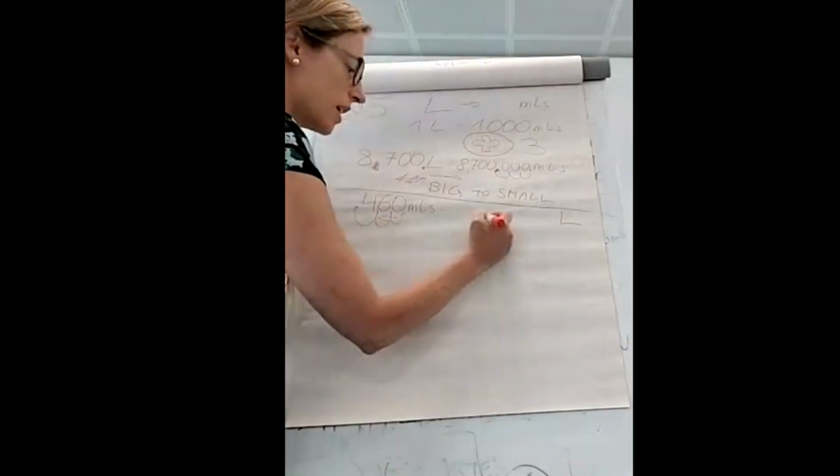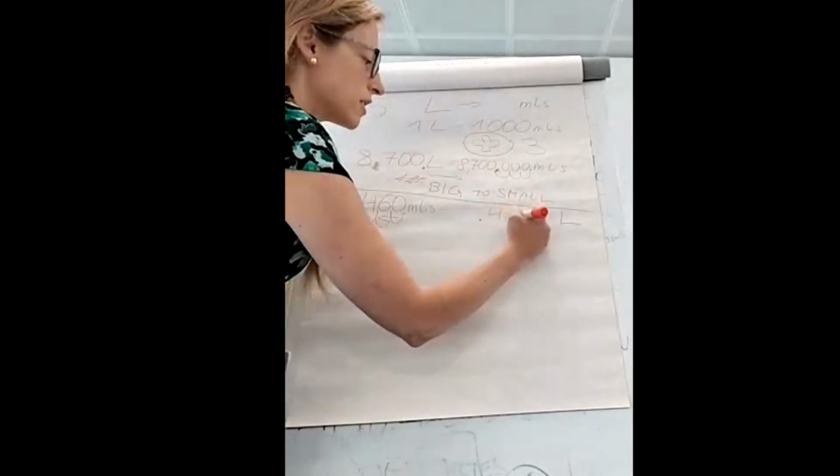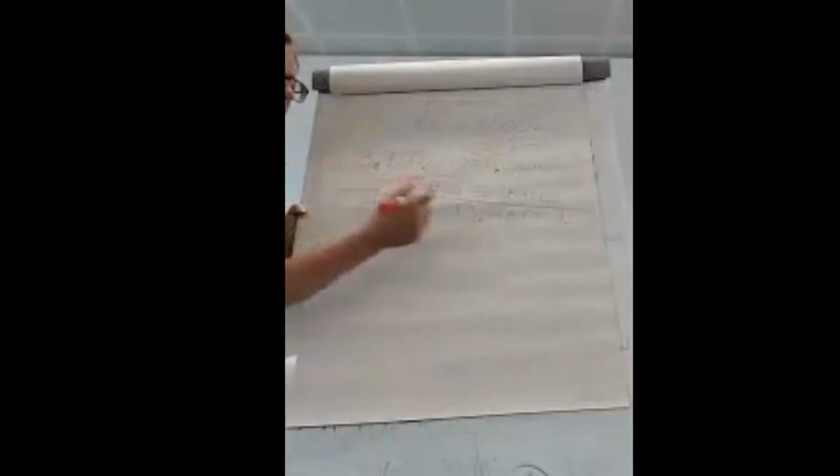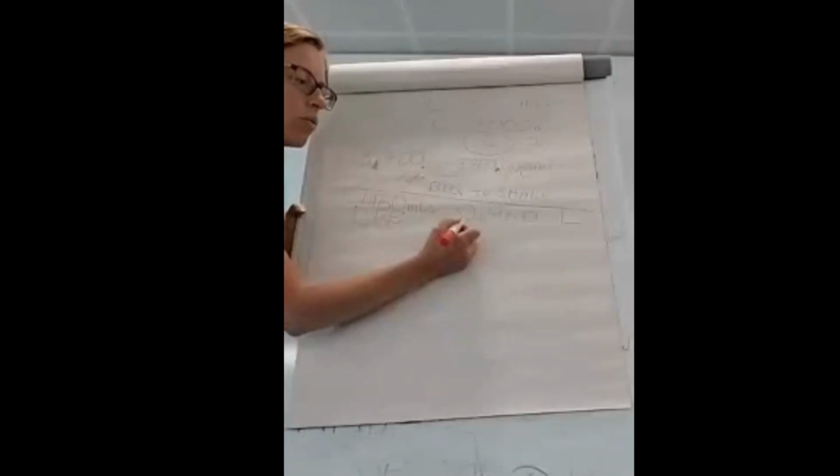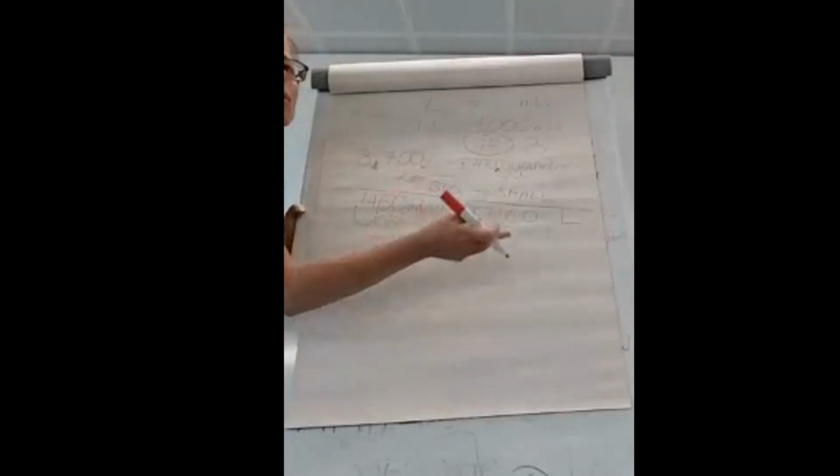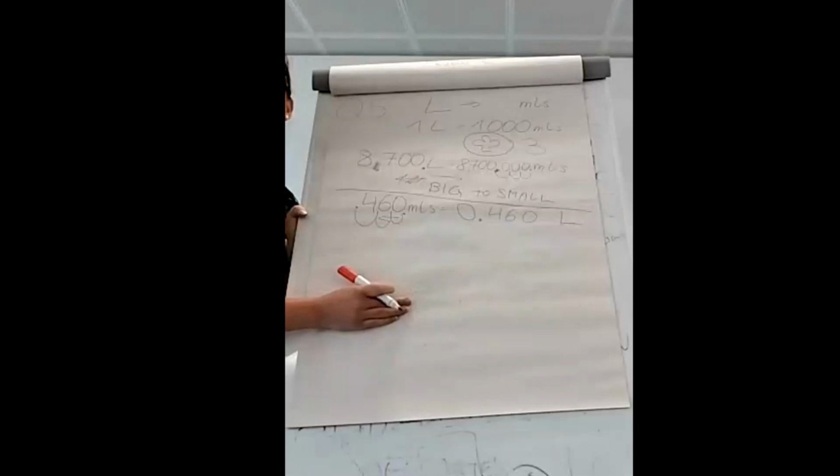Okay, so this is quite a strange number. 460. Very good. We're going to put a 0 in the front so that it looks like something. Because now we know these are 0 pounds, for example, that you would have to pay.